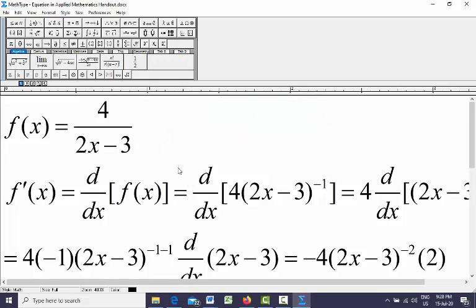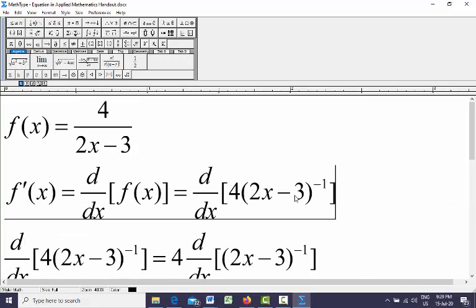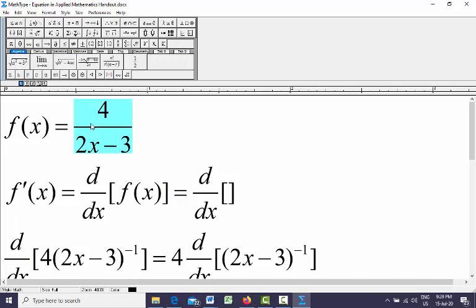So we have, so this is the function we have.